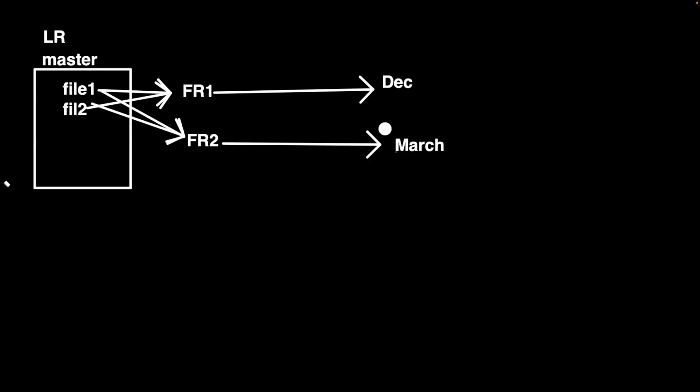So to avoid this, we will not put this functional requirement here. Let me rewrite. Let's say this is master, file 1. Assume there were 2 files. They are to be modified for requirement 1, and this is for the December release.